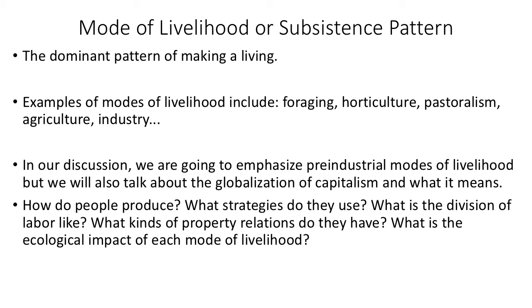So what's the division of labor like? If you look at the chart, we see that as we move from left to right, we move increasingly toward specialization of the division of labor. So that by the time we get to agriculture, we make that crossover point to a surplus producing society. Surplus production means that we can store a surplus, so that not everybody has to be engaged in food production.